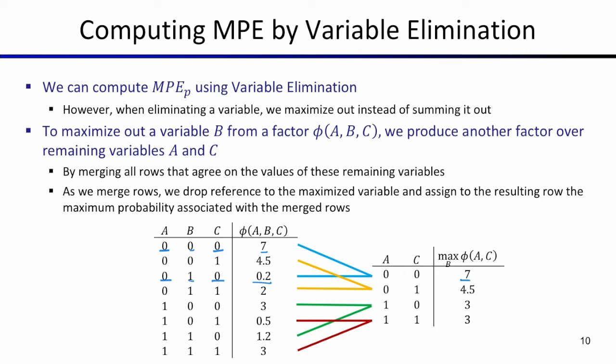Notice that I'm not even mentioning probabilities here. The numbers are not between 0 and 1. It's because this operation is valid for any kind of factor. We can even transform our probabilities into log probabilities and compute this maximum operation, and that will also work.